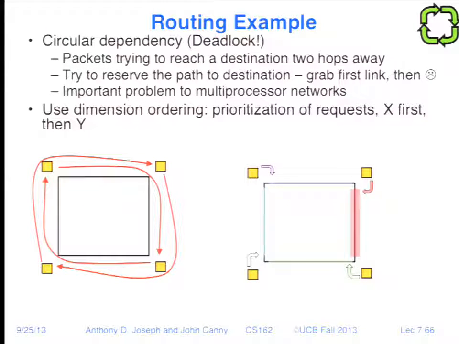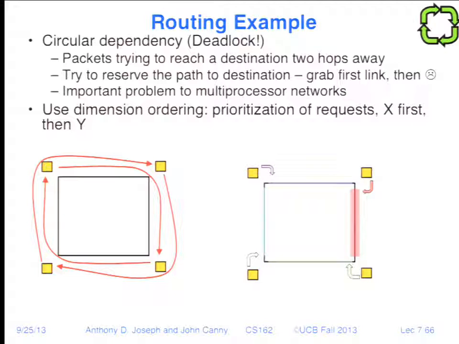Again, the problem was to deal with the circular dependency of resource allocation, where we have, say, 4 processors that are trying to route some streams of bits around the multiprocessor grid connection network. Each processor is trying to communicate with a processor around the corner, so they require 2 links to stream the bits.